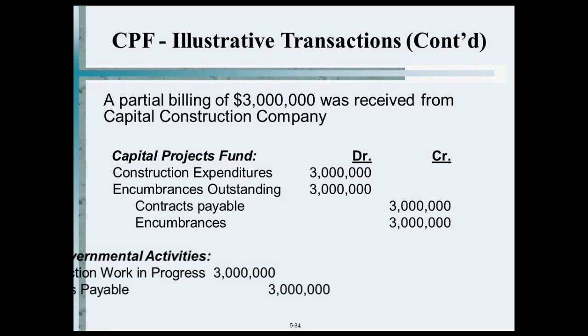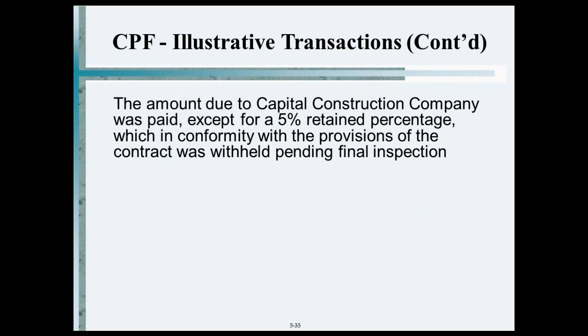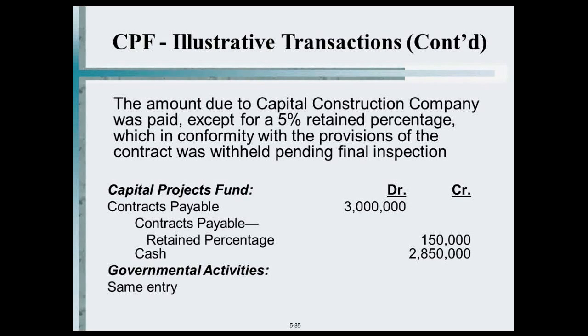Now notice what happens. Still construction work in progress. Remember I told you about that retainage, holding on to the money? Well, they said, we got the bill for $3 million, but we're not going to pay you $3 million. We're only going to pay you what? $2,850,000. We know we owe you what?